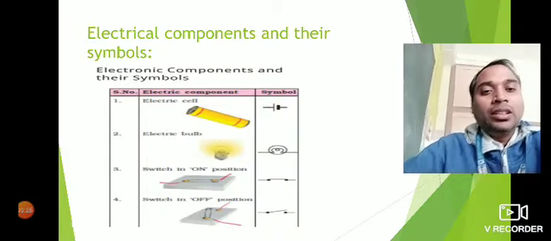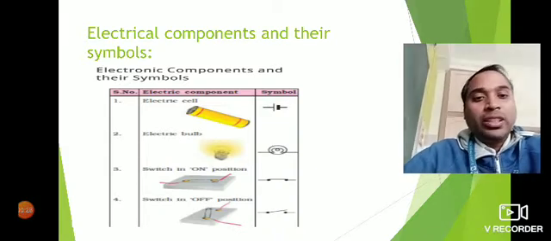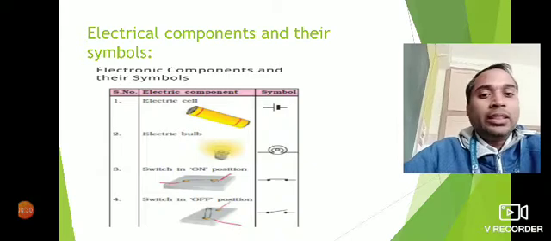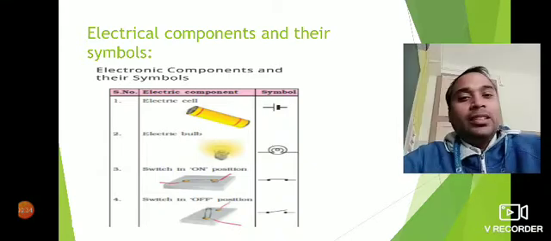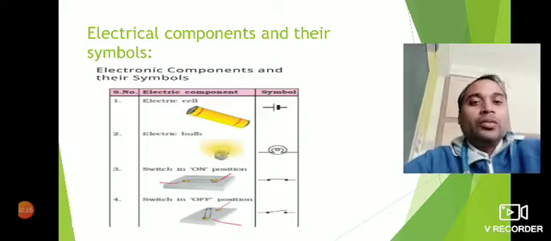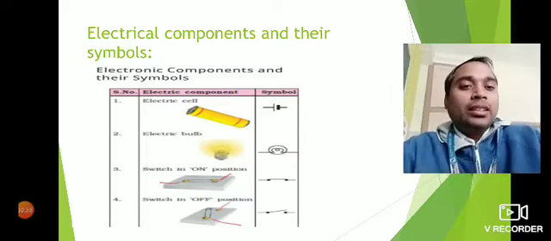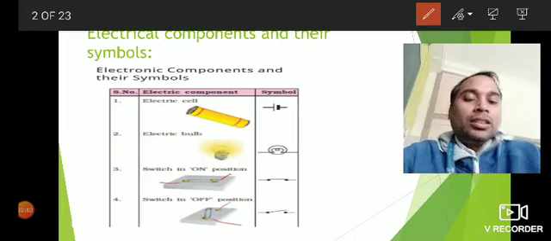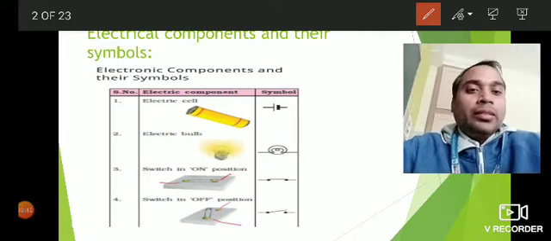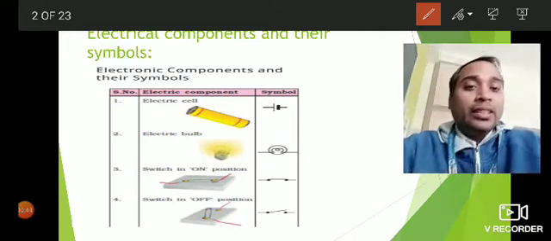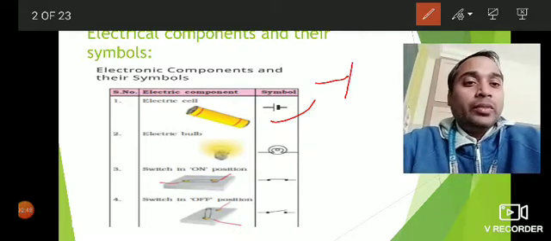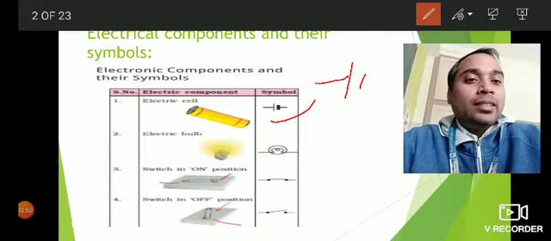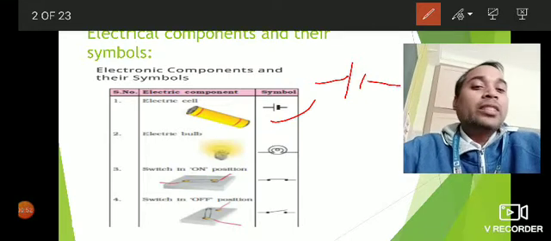These are some common electrical components that we use, and their symbols are given on the right side of the components. The first one is the electric cell. The symbol of an electric cell is this: the positive terminal is denoted with the longer line and the negative terminal with the shorter line.